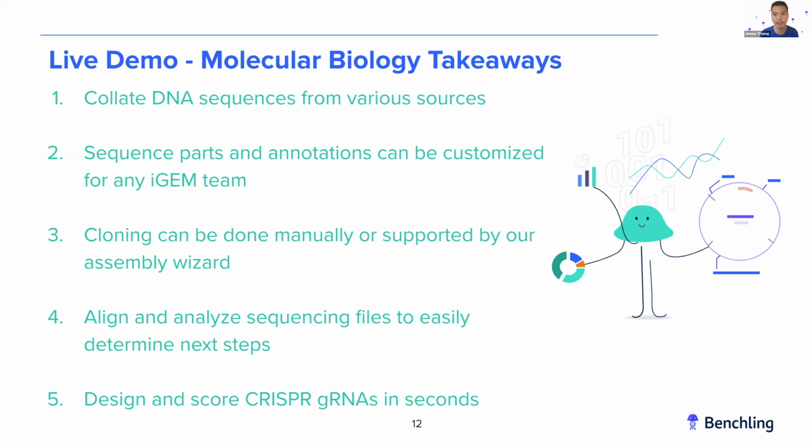And so quickly, I just want to give some big takeaways from Sierra's great demo. First of all, remember that you can essentially collate DNA sequences from a variety of sources, whether that's uploading sequences or importing them from NCBI or your iGEM registry. Make sure to take advantage of this feature and easily take sequences into Benchling and even out of them.